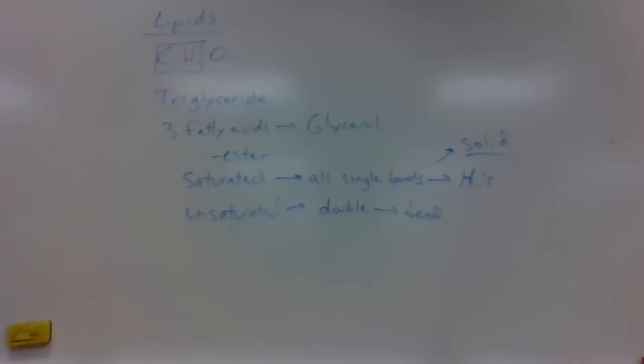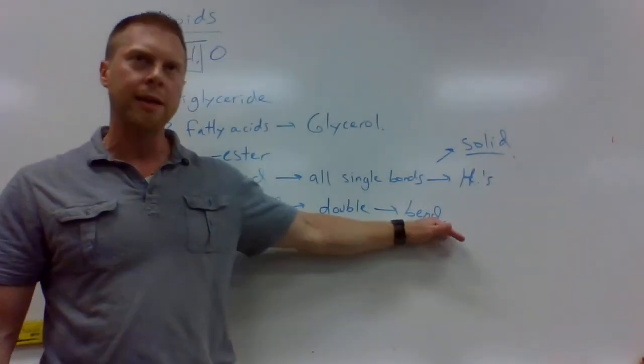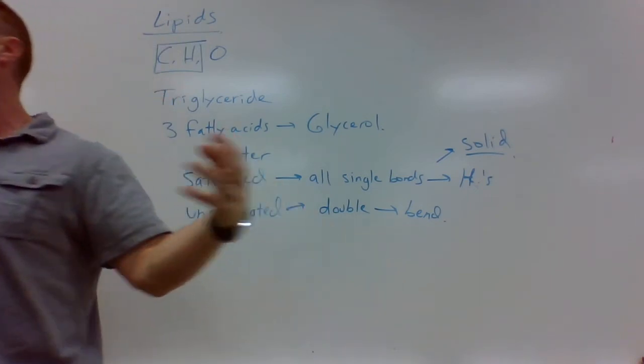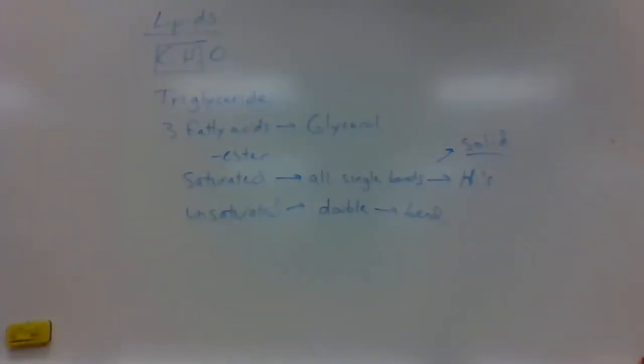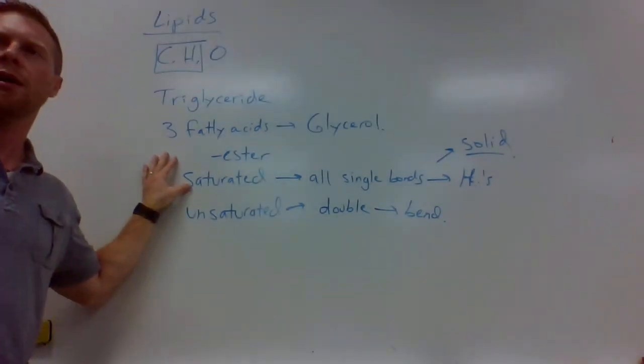And when you bend the chain, it's going to make it less dense, and therefore make it what at room temperature? Liquid. All right, so unsaturated fats are created through a double bond. The double bond creates a bend, and that bend is what makes an unsaturated fat liquid at room temperature, where the saturated fats are solid at room temperature.